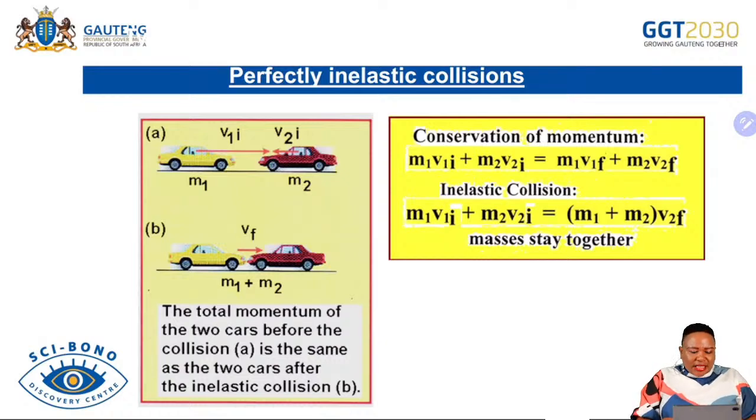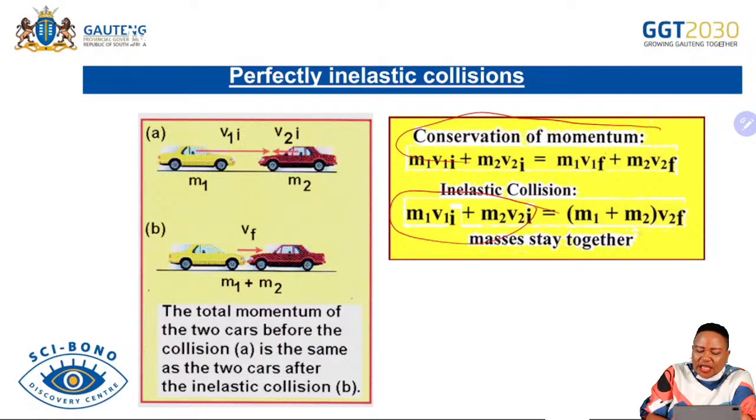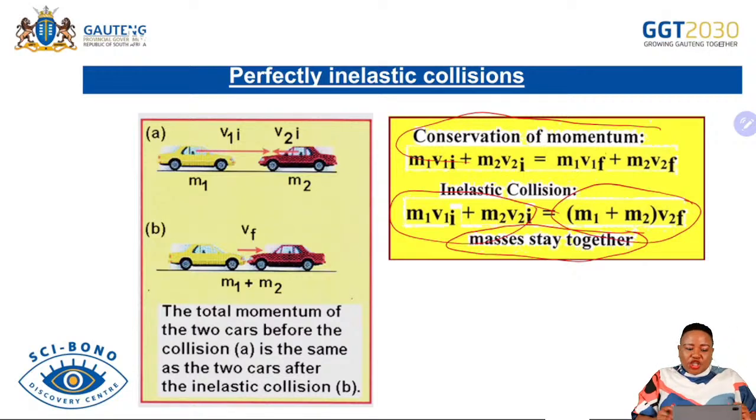What you do there, remember, we are going to deal with the energy principle. Because there is movement of objects as they collide or separate, the only energy we refer to in this instance is kinetic energy, the energy of motion. When you look at the conservation of momentum and you find the two masses staying together, the collision will be inelastic because there will be energy loss in the system.